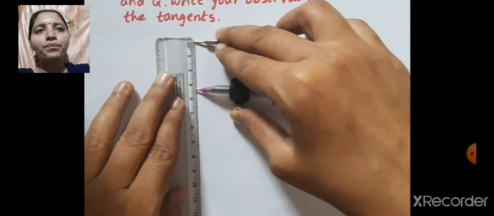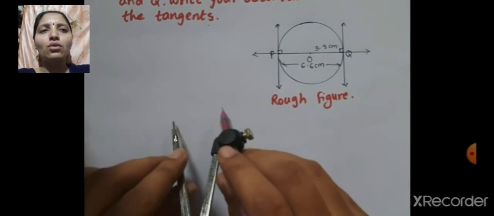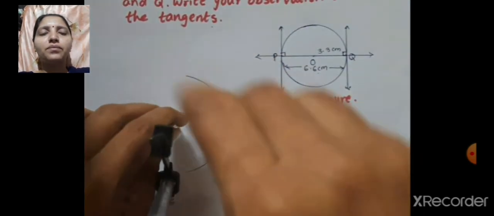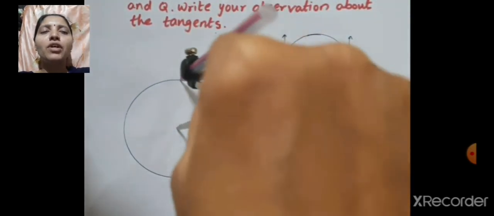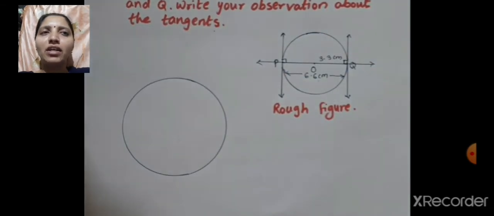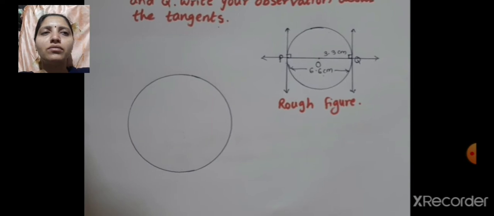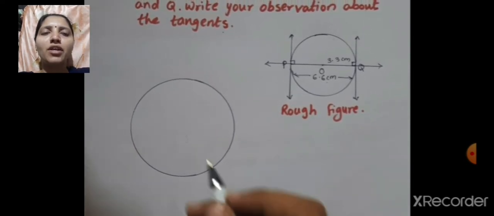Now you are going to draw the circle. And always remember your diagram should be neat and clean. Now you have to mark the center of the circle.